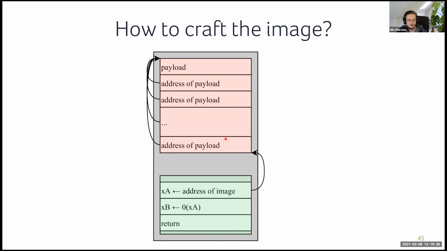And we need that level of indirection, like Praveen said, because we are not loading this address into the program counter directly, but we are dereferencing it into another register.